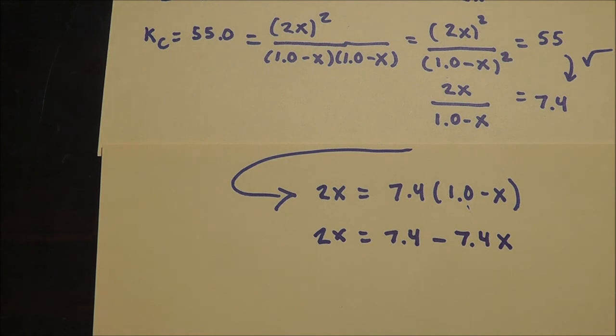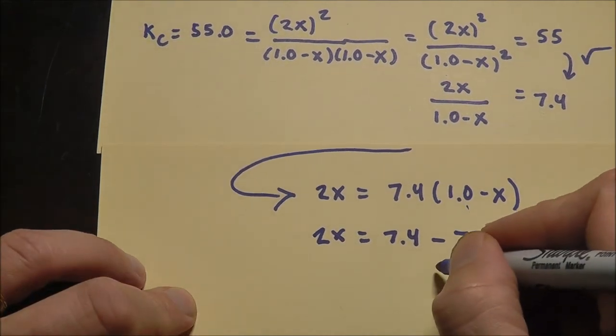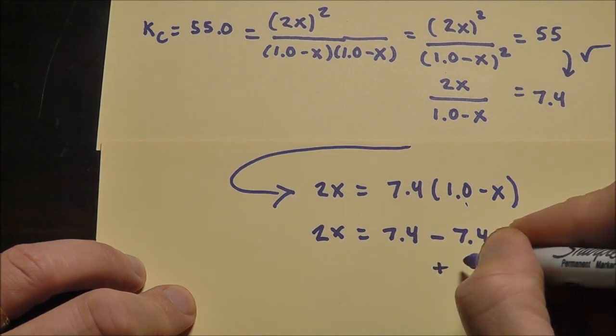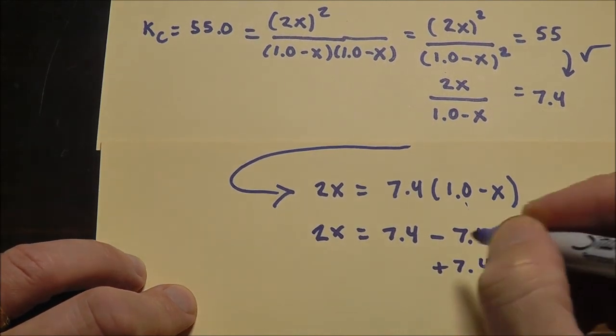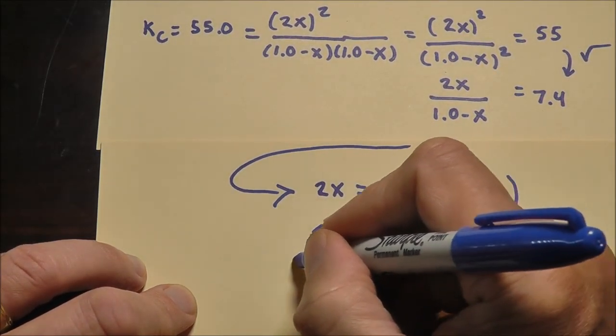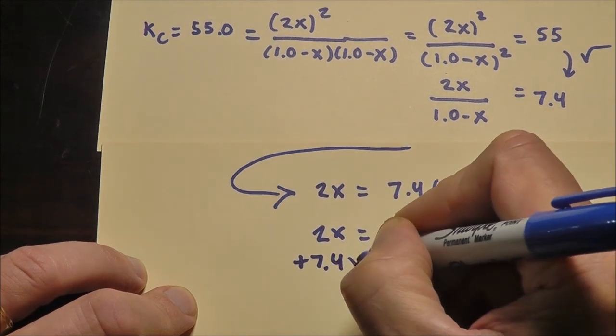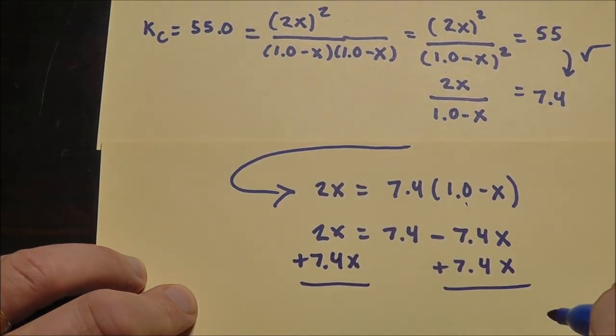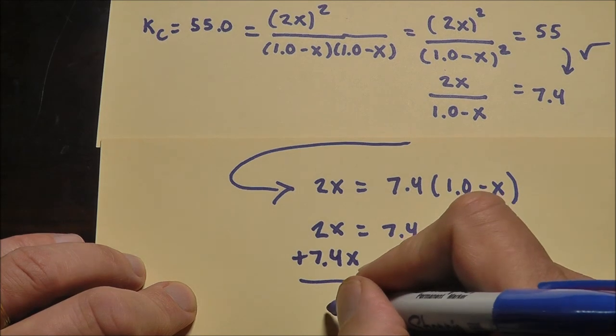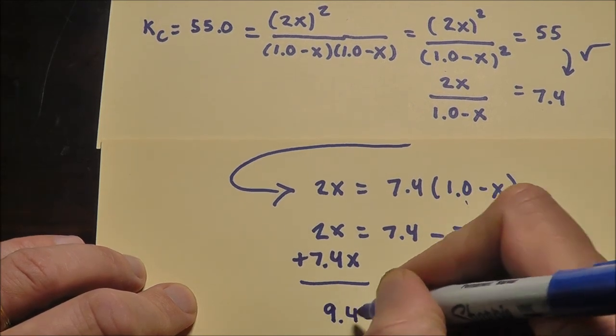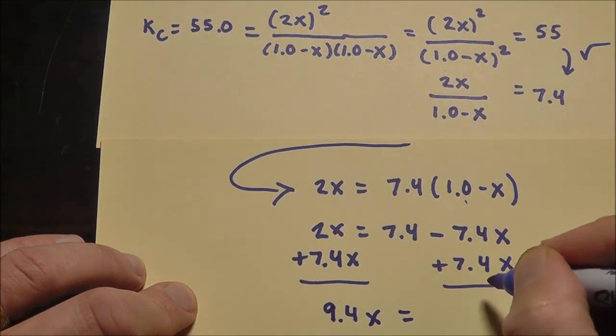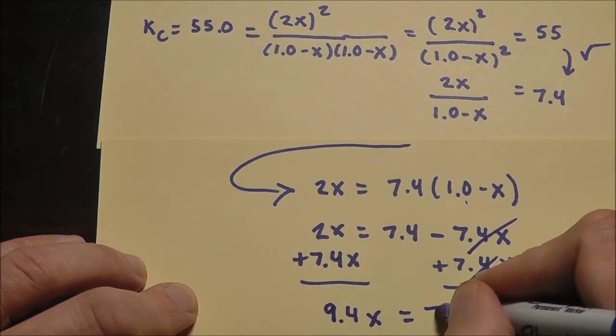Now here's the thing, I've seen people goof this up, and I'll tell you how they'll goof it up. Let's add 7.4x to each side. There's ways you can check yourself before you wreck yourself. So the left will be 9.4x equals 7.4.